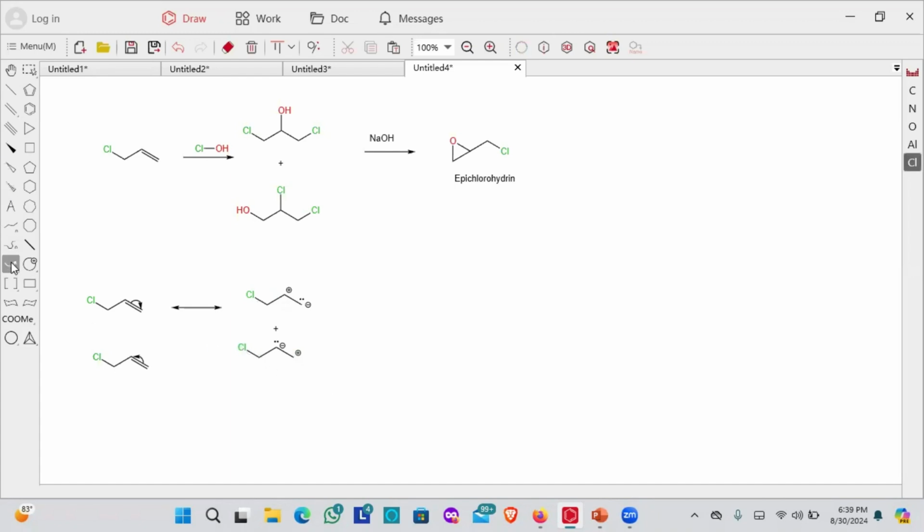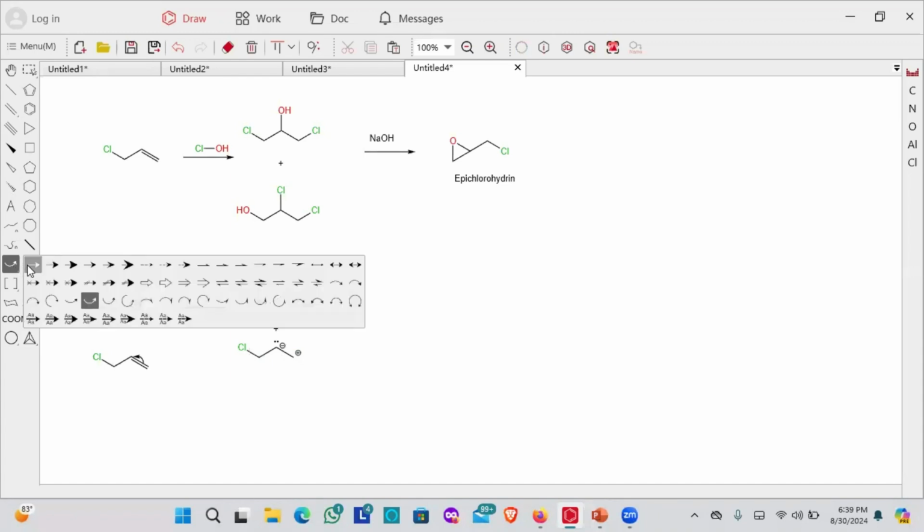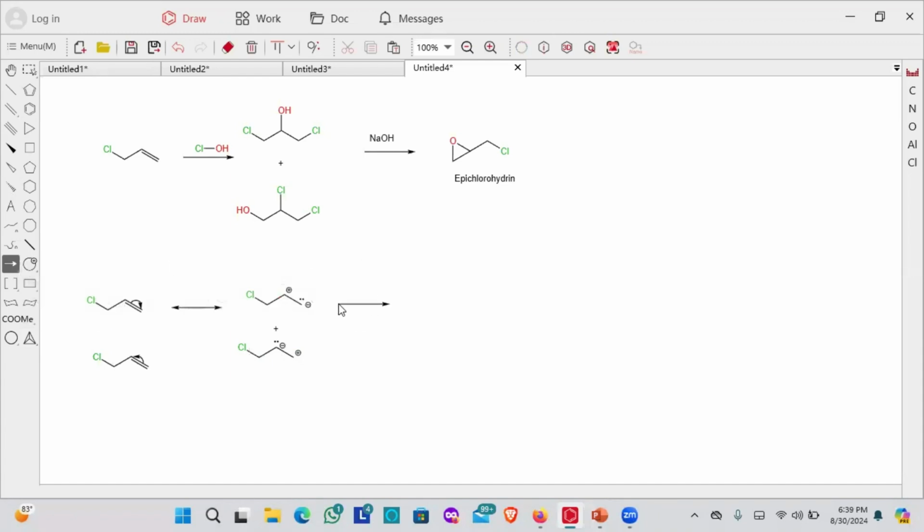Following that, let's show what the next step is going to be, which is the hypochlorous acid. The electron pair is going to attack the chlorine atom on the hypochlorous acid and then leave the hydroxide ion.